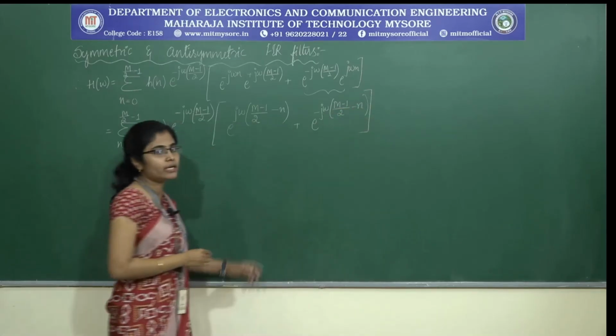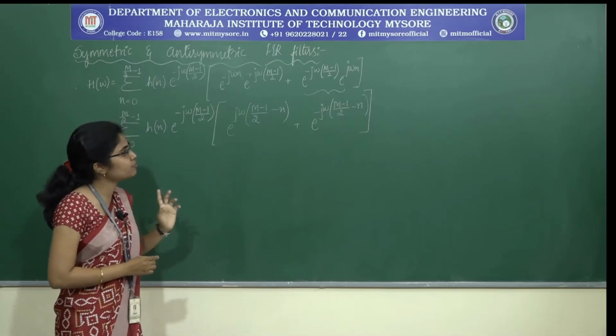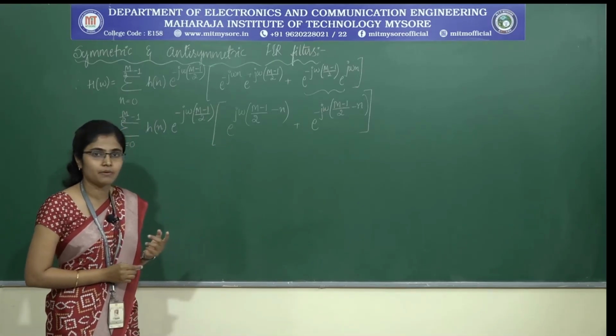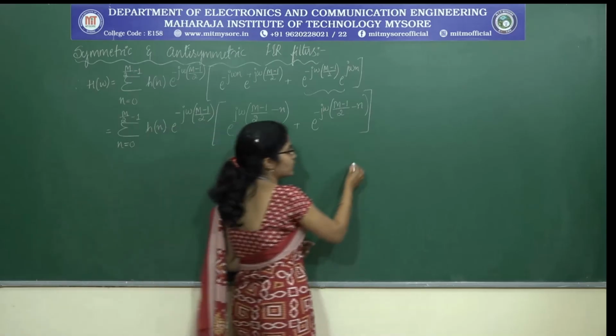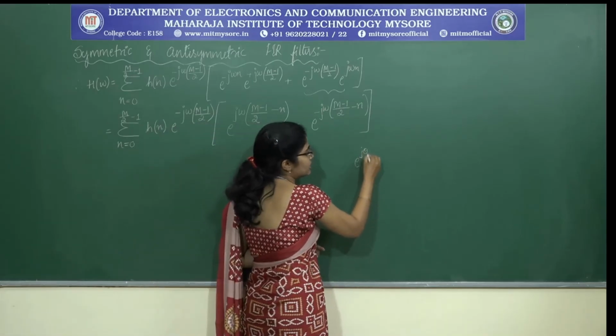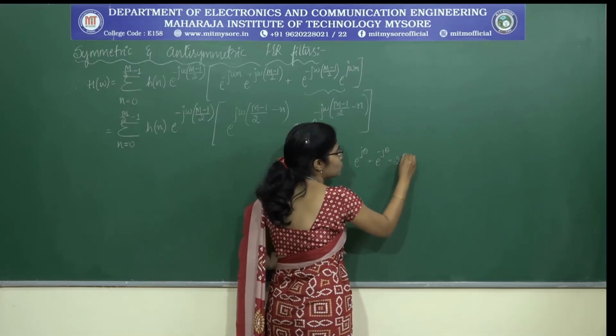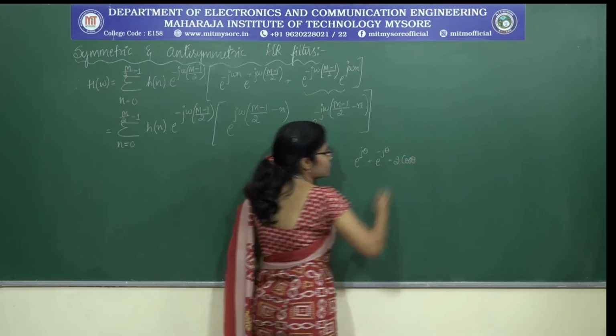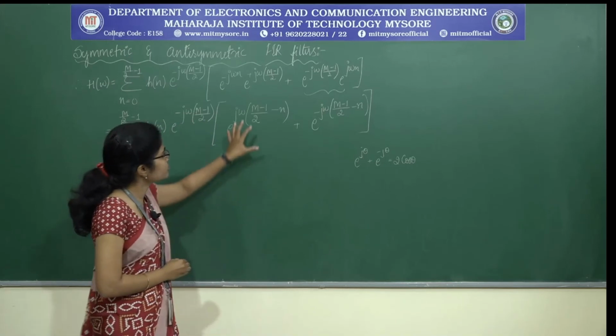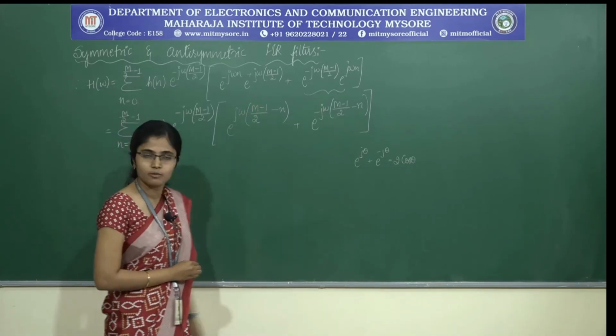Now looking into this particular term, it is in the form of e power j theta plus e power minus j theta. We all know the trigonometric formula, that is e power j theta plus e power minus j theta is nothing but equal to 2 cos theta. So let us rewrite this particular equation in terms of cos.